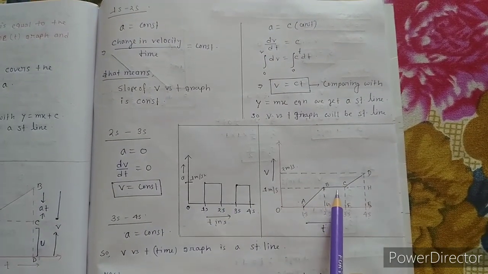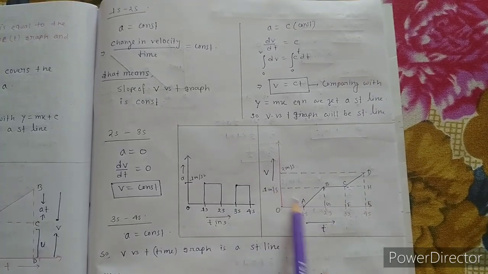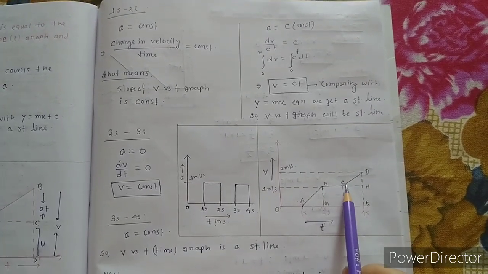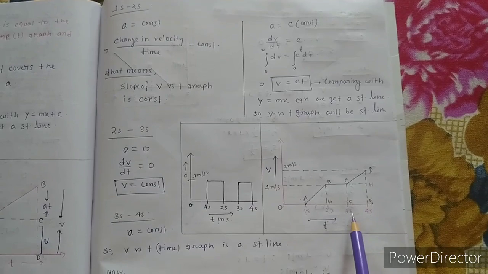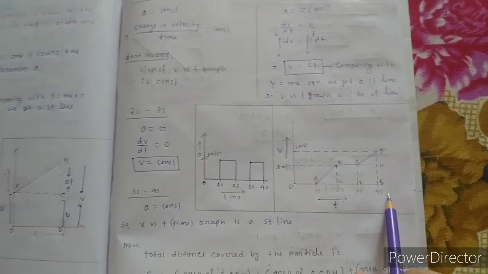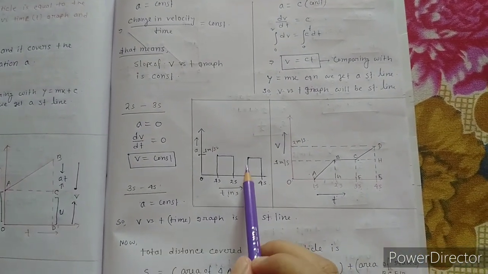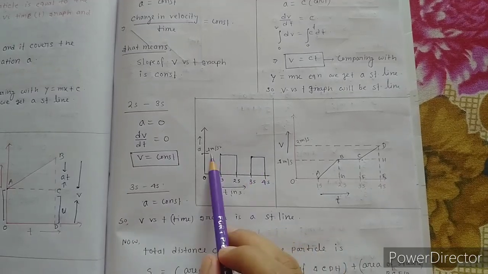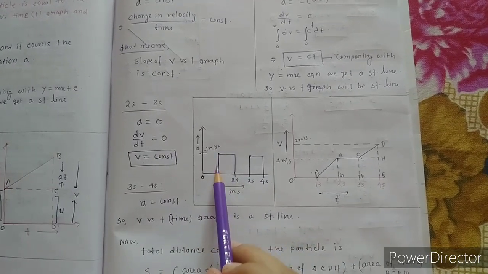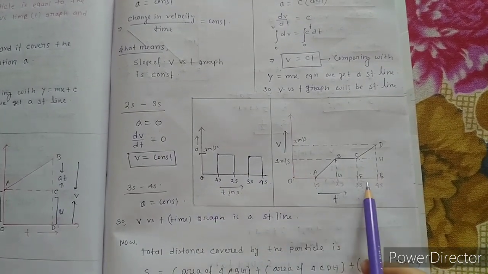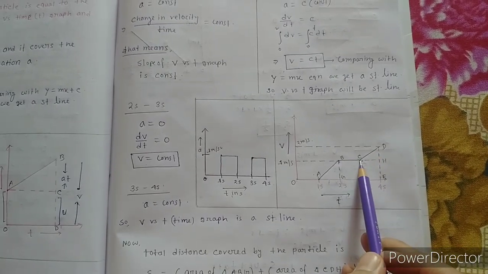So v remains constant. So the v versus t graph will be the line BC. Now in between 3 second and 4 second, the acceleration of the particle is again constant, that is 1 meter per second square. So the v versus t graph will be a straight line.